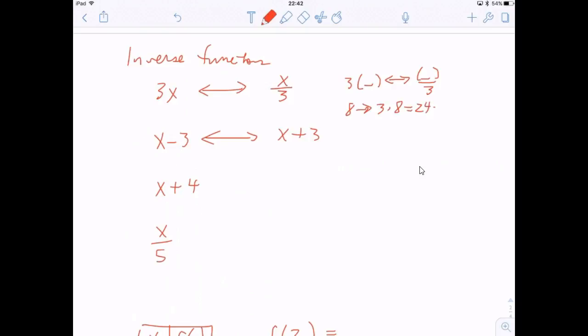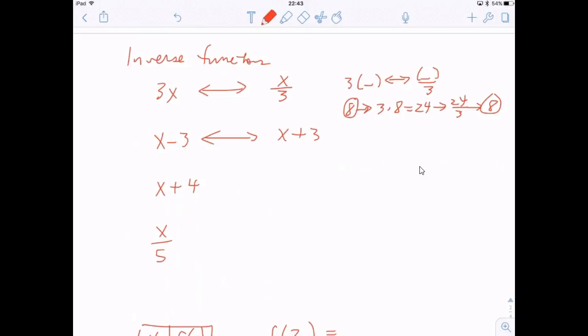Then I'm going to feed that into the division one, and I have 24 divided by 3, and I end up with 8. See, I got the same thing back again. So if I do both the function and the inverse function to the input, and I get the input back again, that means that it is indeed an inverse function.